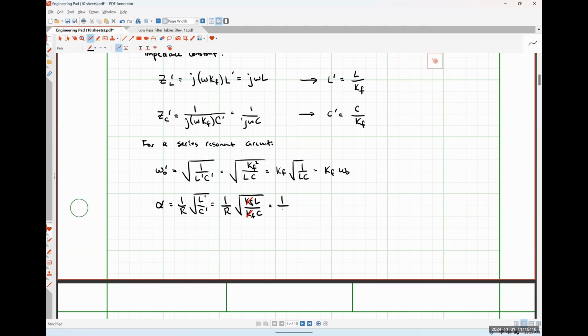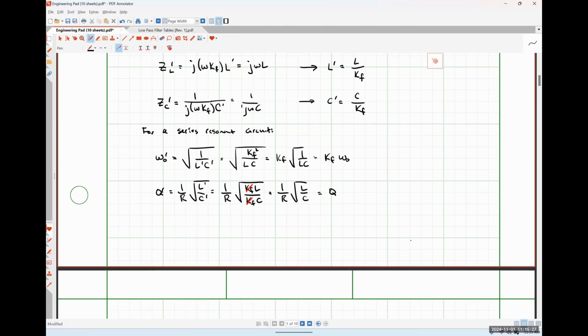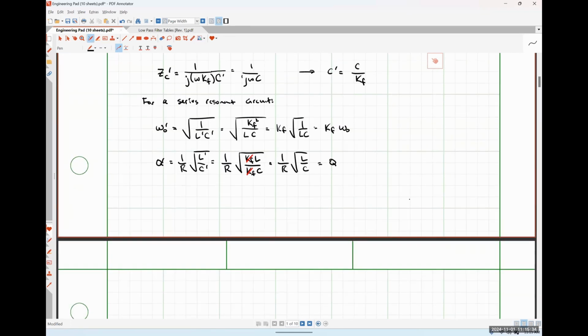So this gives us 1 over R times the square root of L over C, which is just our original quality factor. So it looks like neither magnitude nor frequency scaling has any impact on the quality factor of the circuit at all.